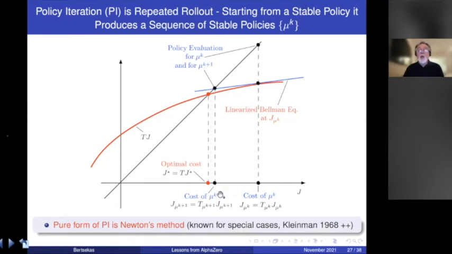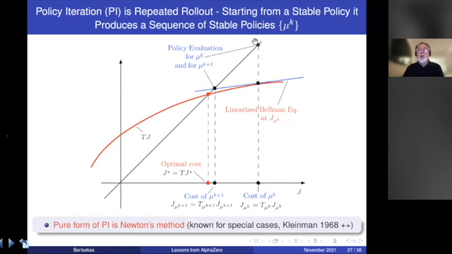Its cost corresponds to this blue line, and is obtained by projecting on the horizontal axis this point of intersection.